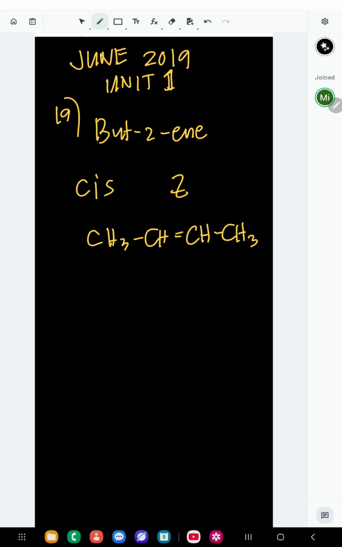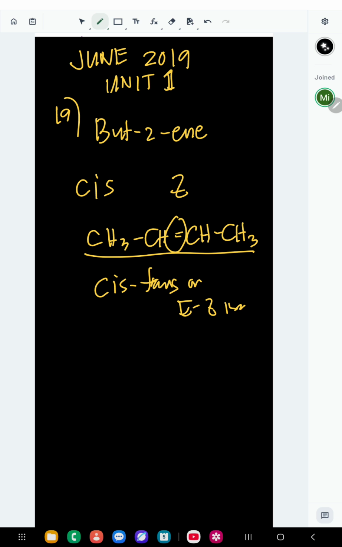So for butene here, which has this chemical formula, it has two identical groups on each carbon of the double bond. We have the hydrogen and a methyl group. So that means this is cis-trans or EZ isomerism.